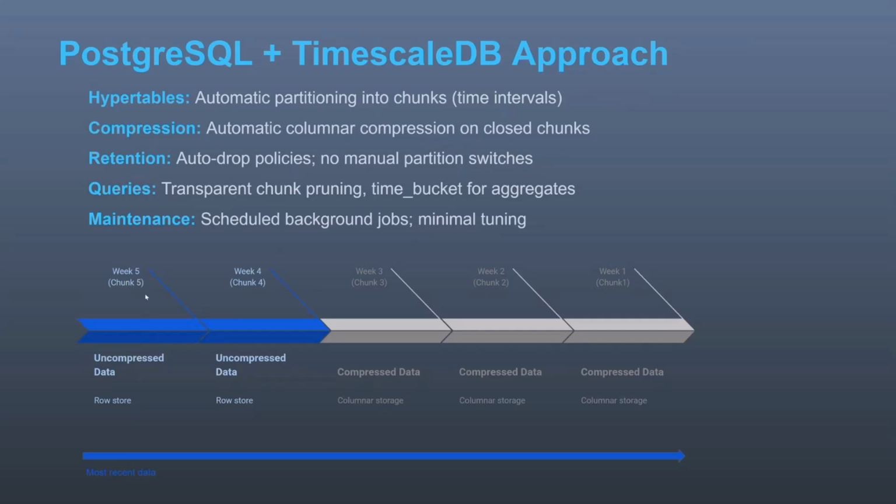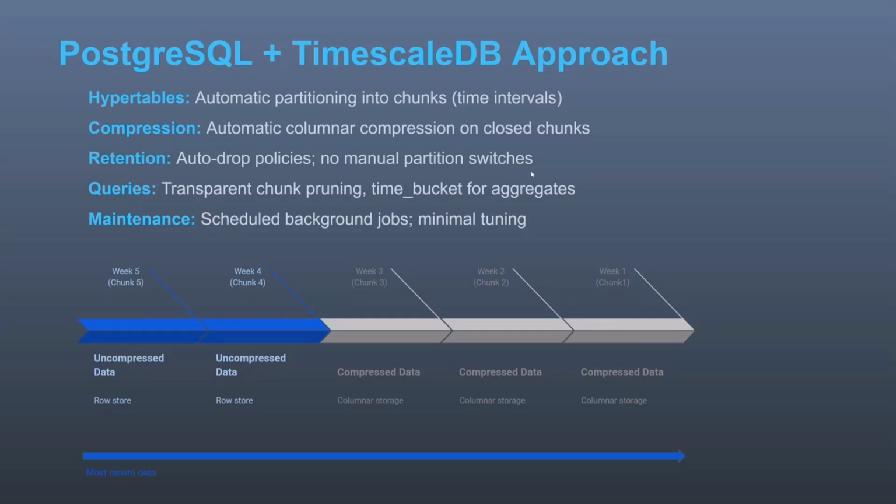Also, as in SQL Server, the data first goes into uncompressed row store. Then there's a background process that compresses older chunks. We define that. We can also define auto drop policies. We don't do any manual stuff here.